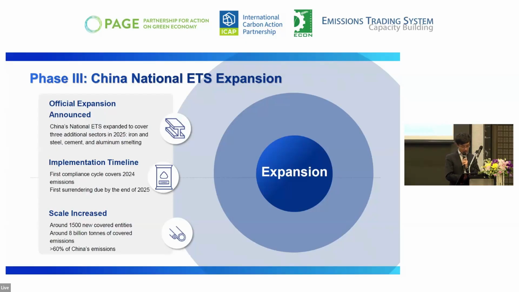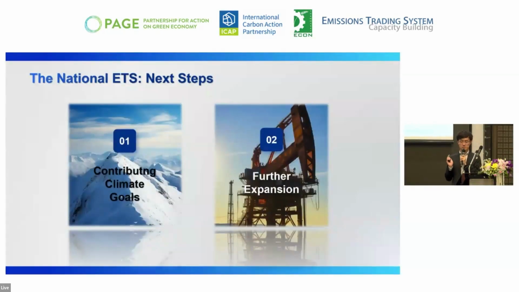Bringing in more sectors will increase the liquidity when there are no other financial products yet. It will also help explore the effective carbon price, not only for the power sector but for more other sectors, considering the expansion.